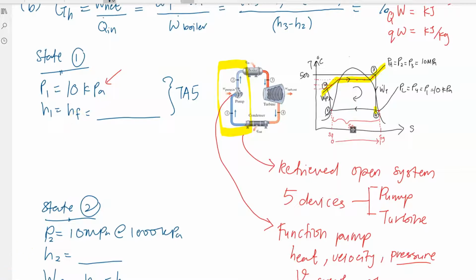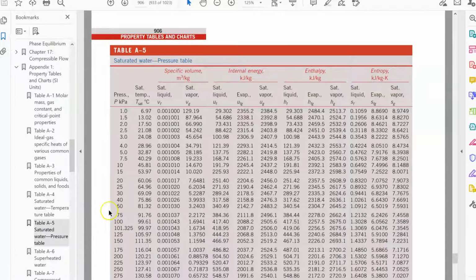So let's have a look at here. The pressure at state 1 is 10 kilopascal, and you have a liquid condition, so you are going to consider this hf over here, right? Saturated liquid. So it's going to be 191.81, so you copy that one.